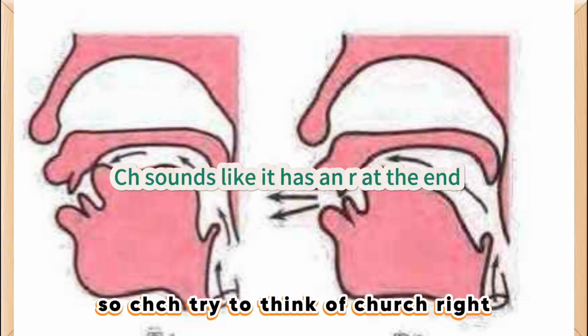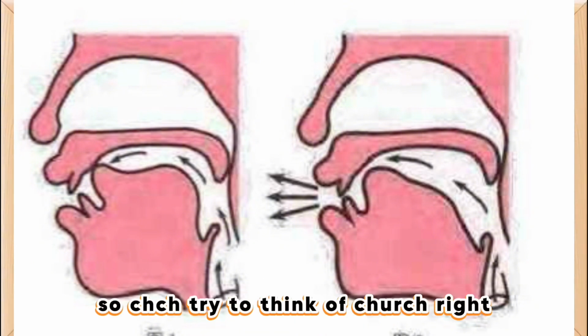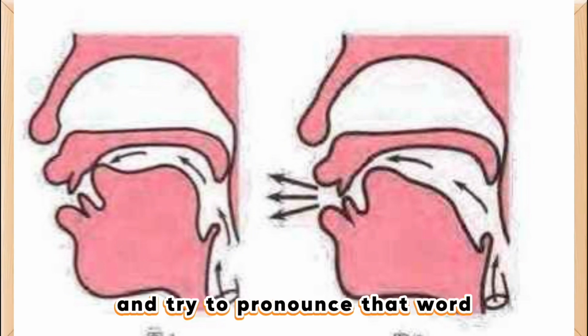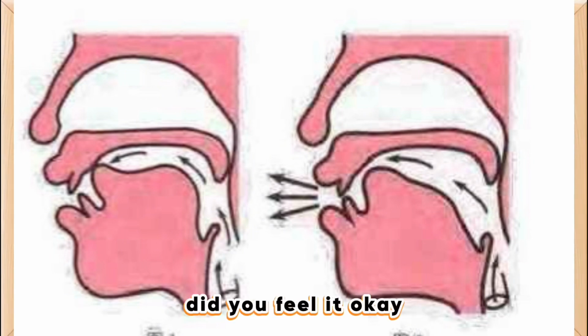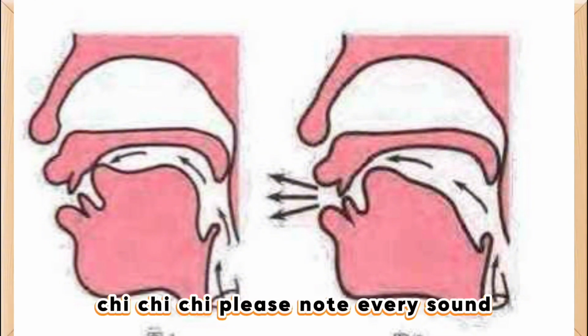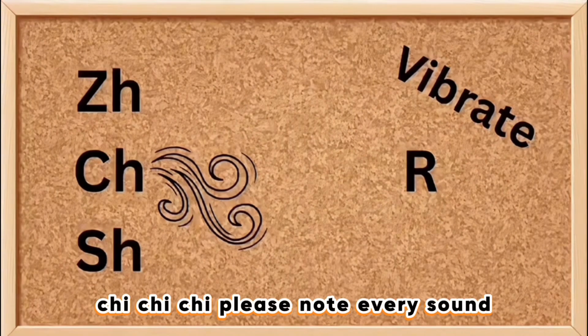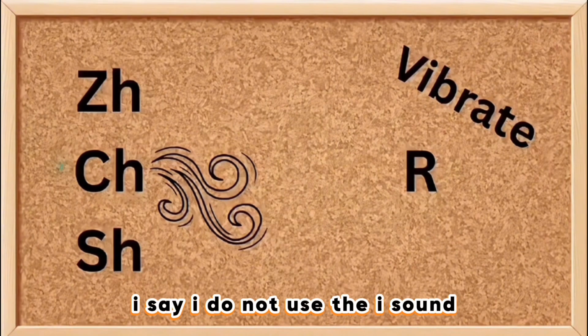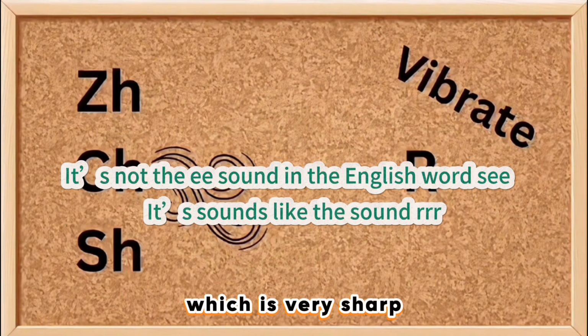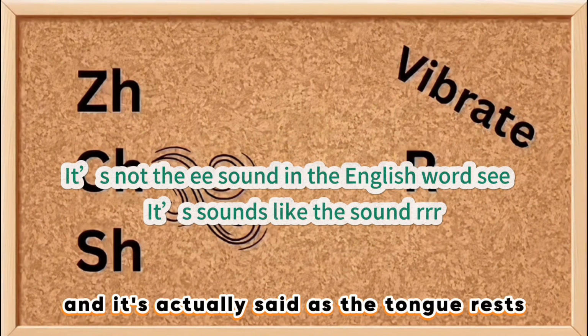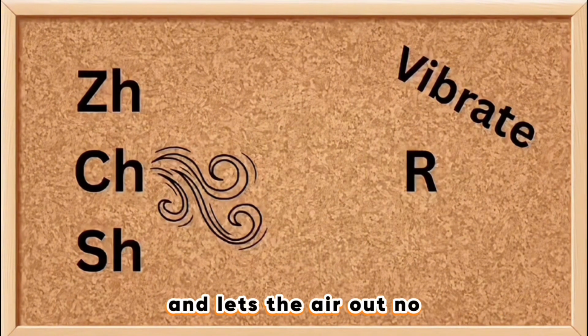So ch, try to think of church, right? And try to pronounce that word while the tongue stays in that position. Did you feel it? Okay. Ch. Please note, every sound I say, I do not use the E sound, which is very sharp, and it's actually said as the tongue rests and lets the air out.